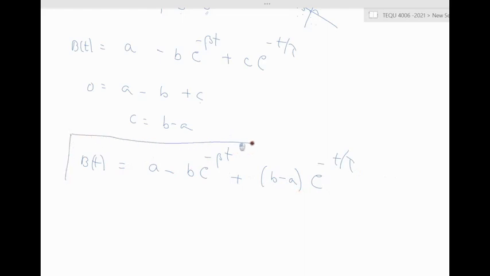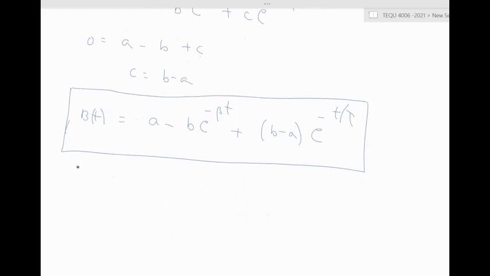And this expression is the solution for the dynamic of the B concentration.